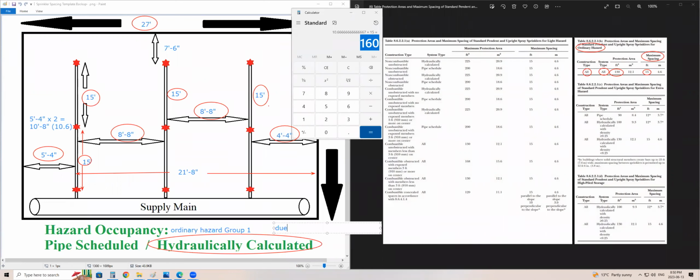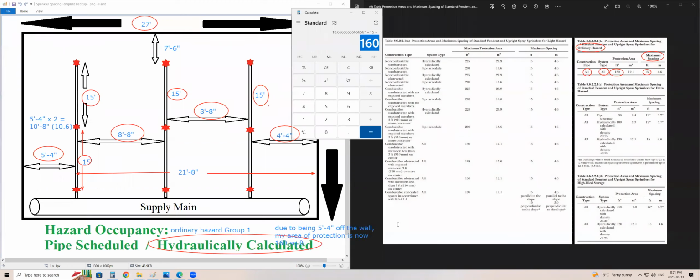So due to being 5 foot 4 inches off the wall, my area of protection is now 160 square feet, right?